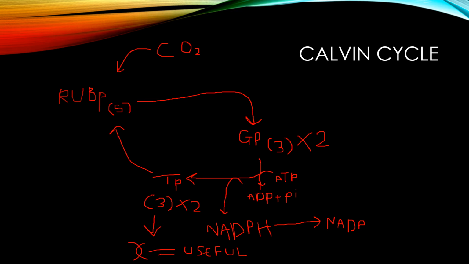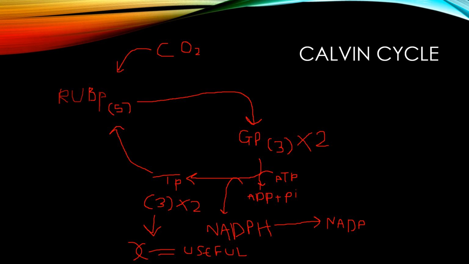And as you're trying to make glucose, you'd have to do 6 turns of this cycle in order to make 1 glucose molecule, because the useful products make up glucose. And if you can only get one useful product in each turn, you need 6 carbons in order to form glucose.